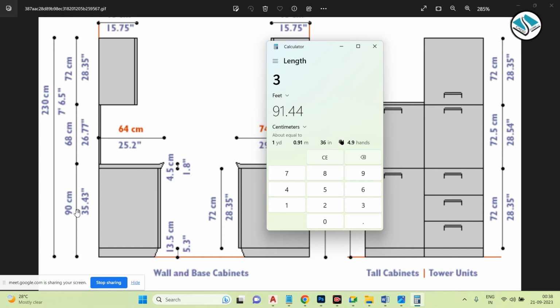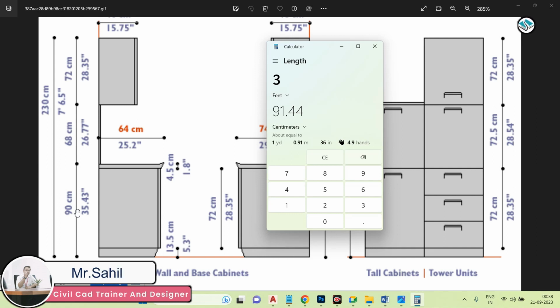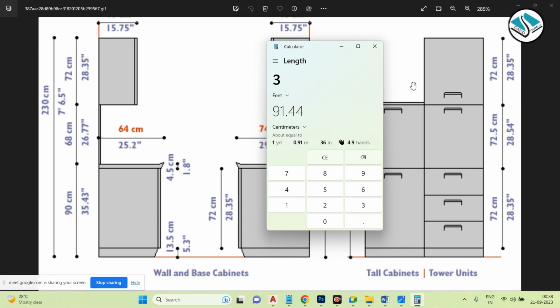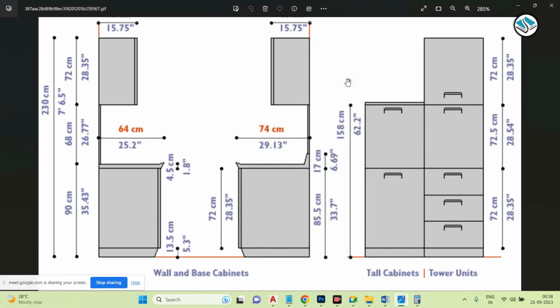I will say one thing to you: first of all, memorize all the standard dimensions, like kitchen, bathroom, wardrobe, every dimension. After that you have to work. I also think that if I can memorize all of the standard dimensions, maybe my work is going to be fast. Otherwise, my work is quite slow.